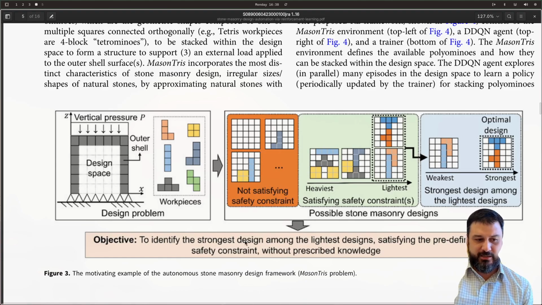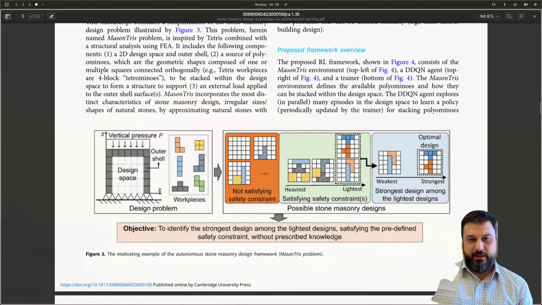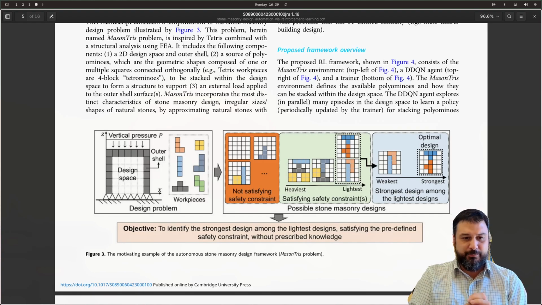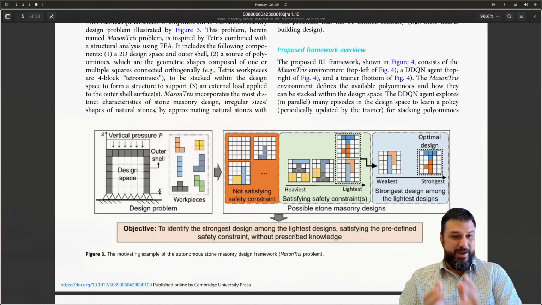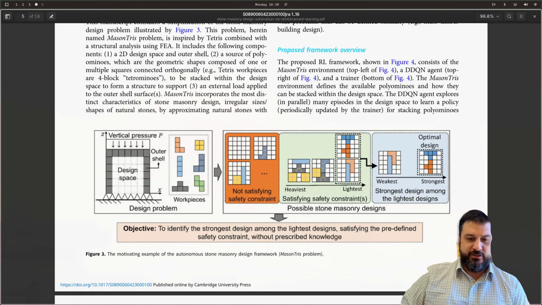So the idea is to identify the strongest design among the lightest designs, satisfying the predefined safety constraint without prescribed knowledge. So they have a reward metric, which involves factor of safety, but it also involves the weight of the structure. So the lightest structure will tend to win.